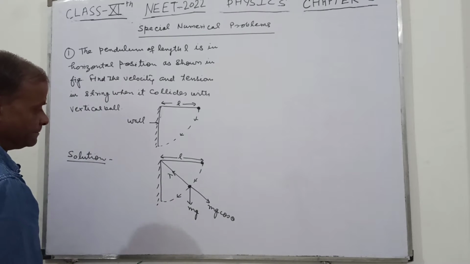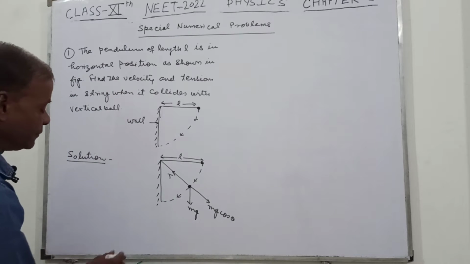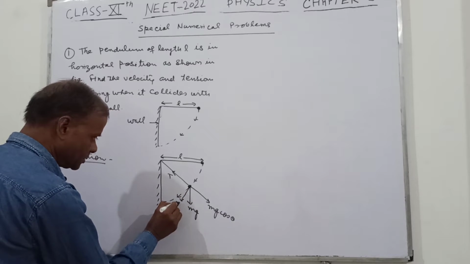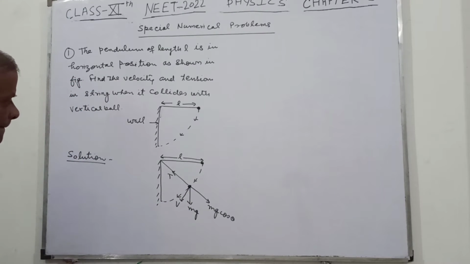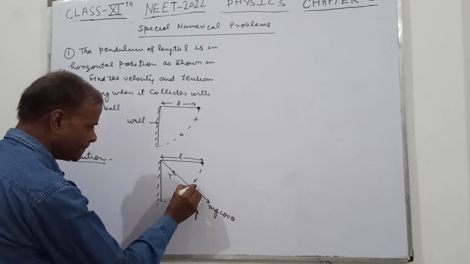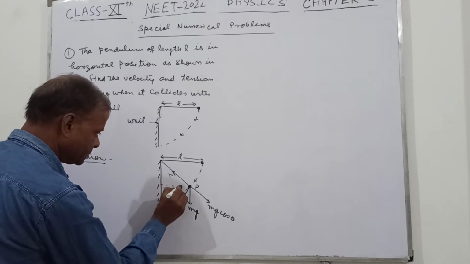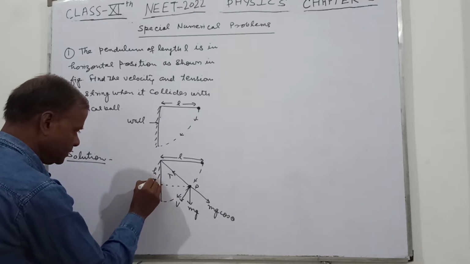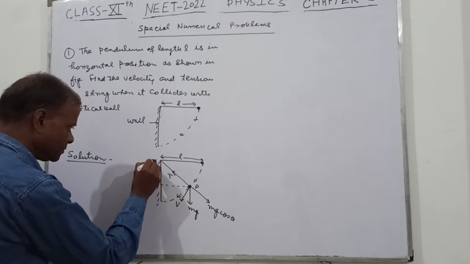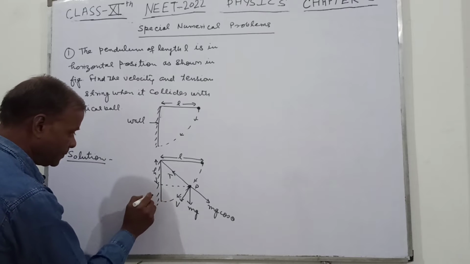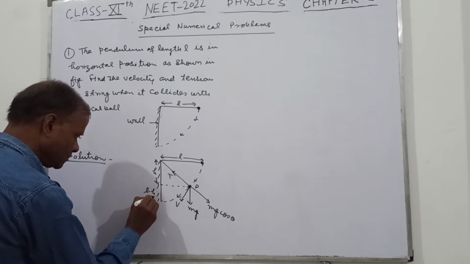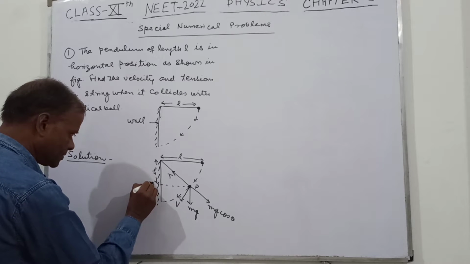and this is mg cos theta, and we have to find the velocity also. Let the velocity here be v, this is point P, and let it have fallen through a height h. So from the ground this will be L minus h.